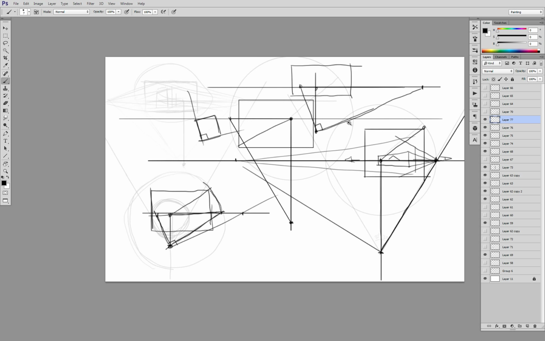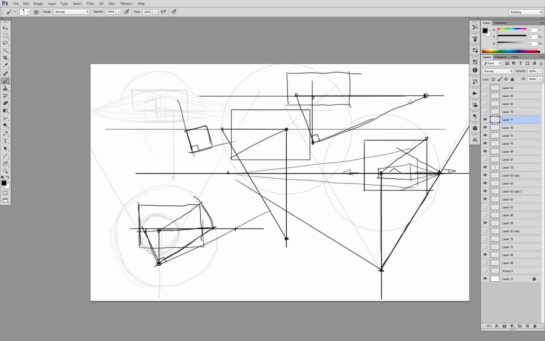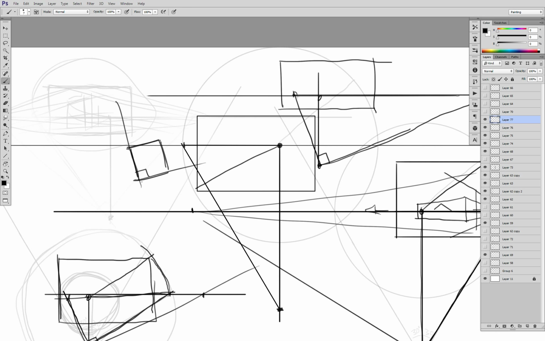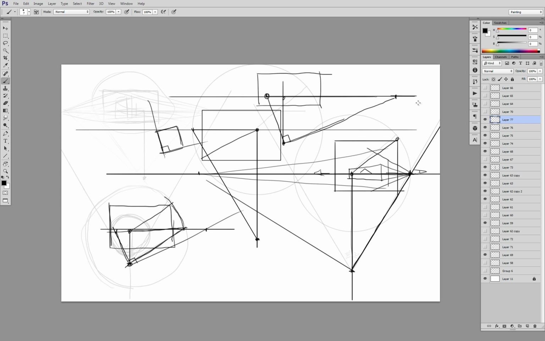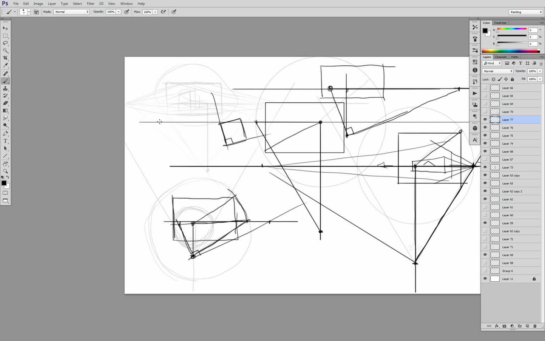So it's important to understand this and get a feeling in your head for, okay, if I put a vanishing point on the page here, then the other one's going to be way off here. You don't necessarily need to be doing all this, although it will help, because it gives you an understanding for when you're doing thumbnails.